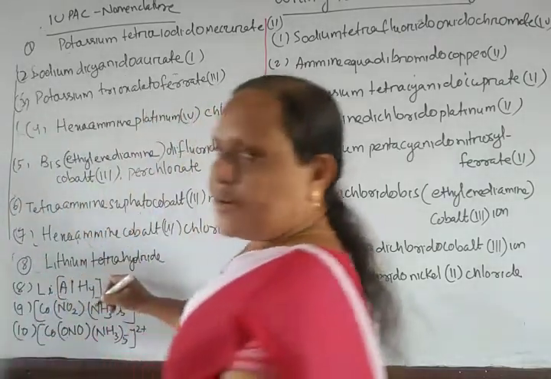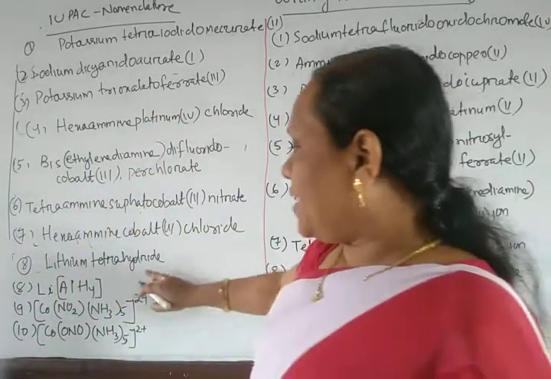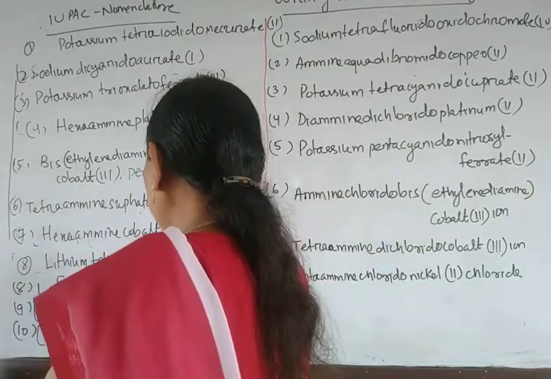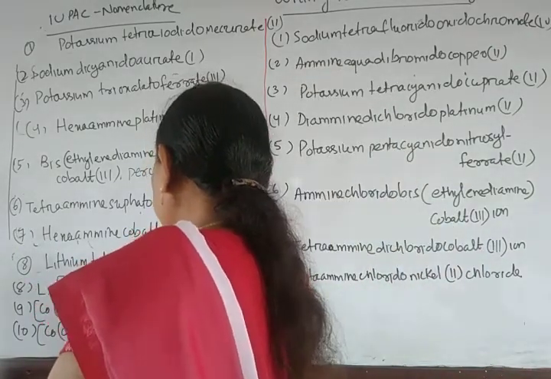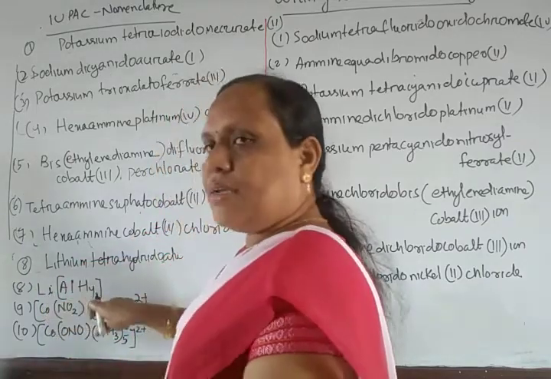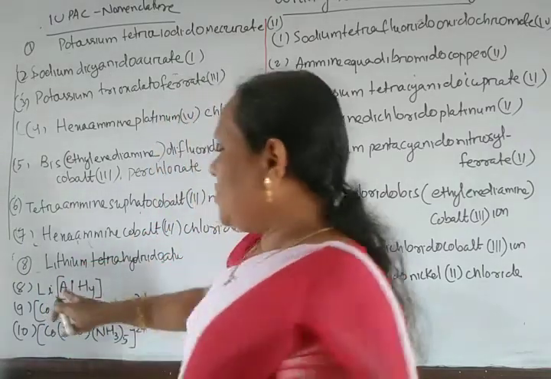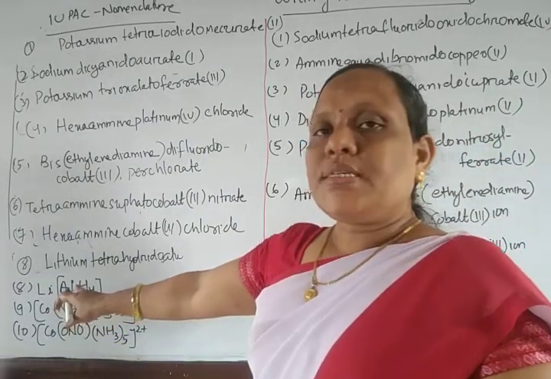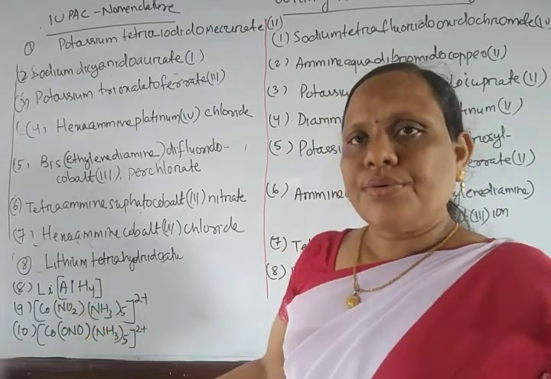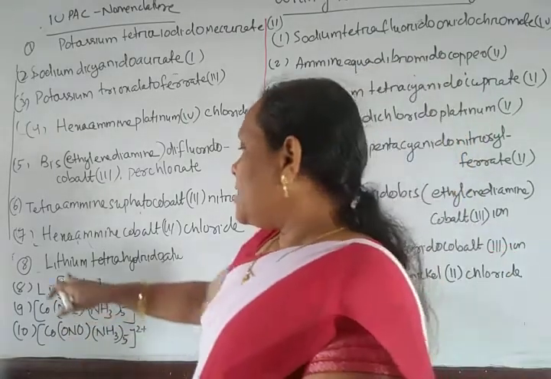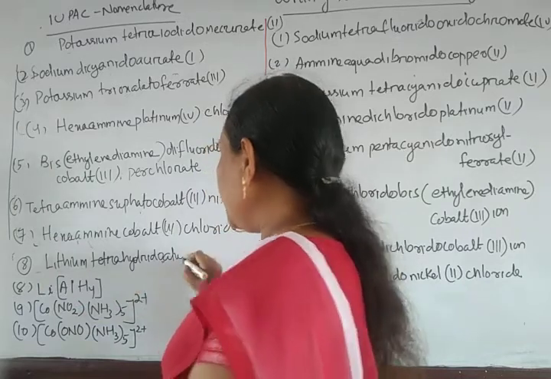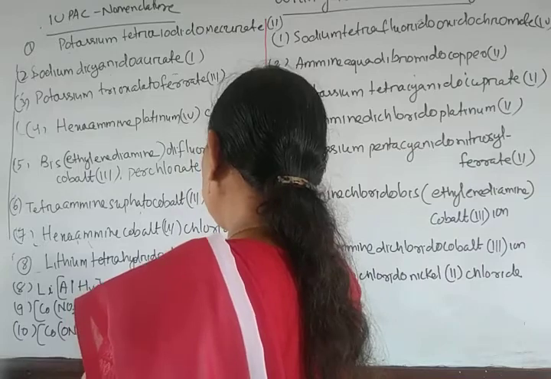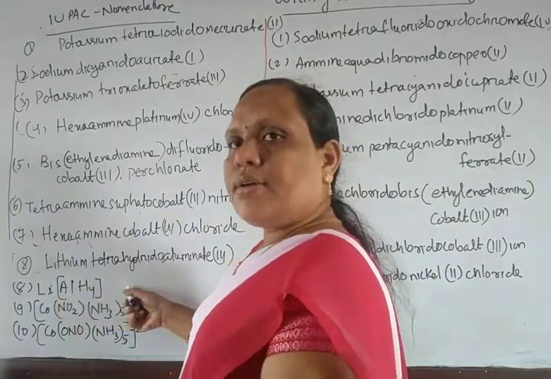H minus is hydride, from hydride, hydrido. Lithium tetrahydrido aluminate, because this is the negative part, so ate. For aluminium there is no Latin name, the English name is used, and we have to write ate. So lithium tetrahydrido aluminate(III). The oxidation number here is 3.